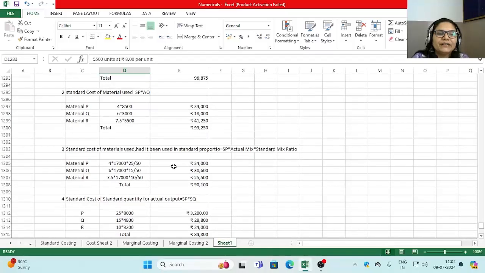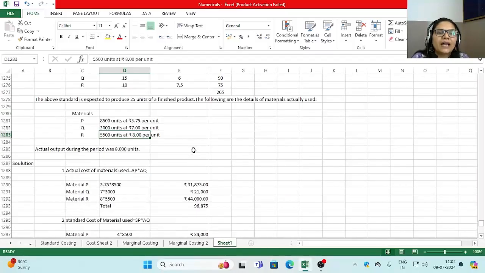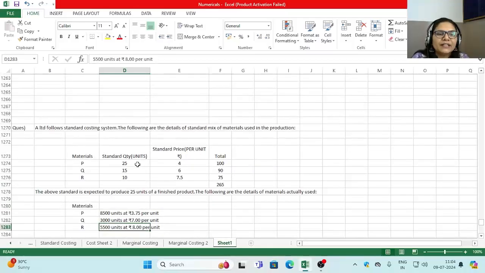It is 17,000. And the standard mix ratio: standard quantity is calculated by the company as 25, 15 and 10, and we have to take the ratio out of the total standard quantity the company has calculated. So total standard quantity is 25, 15 and 10, so for the material it is 50 units.